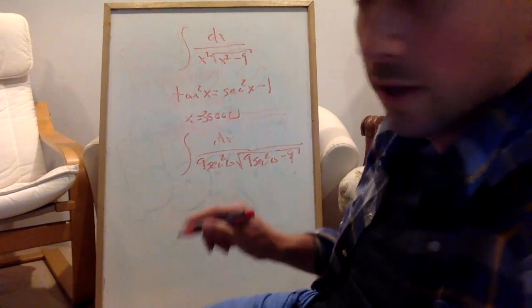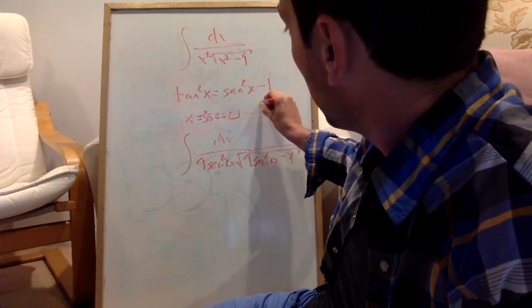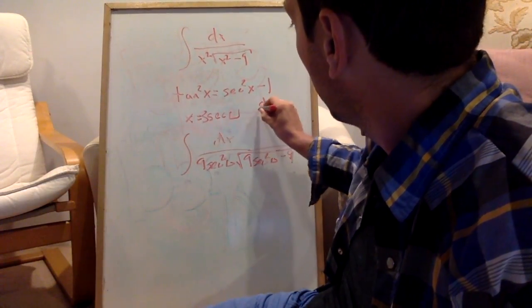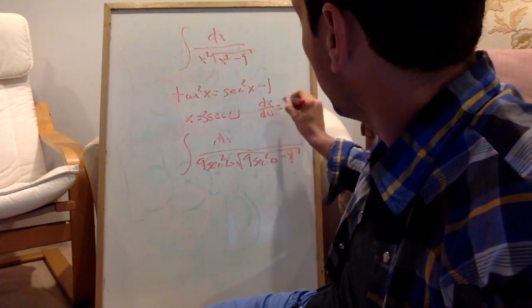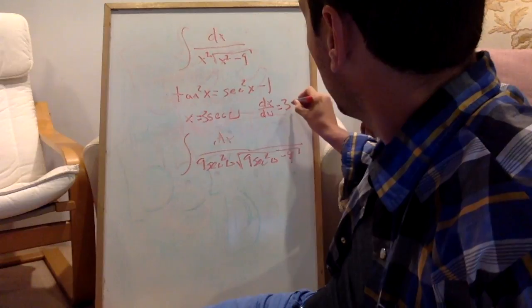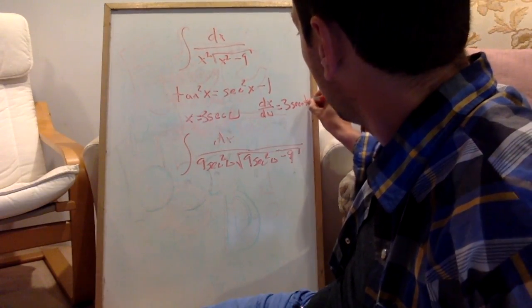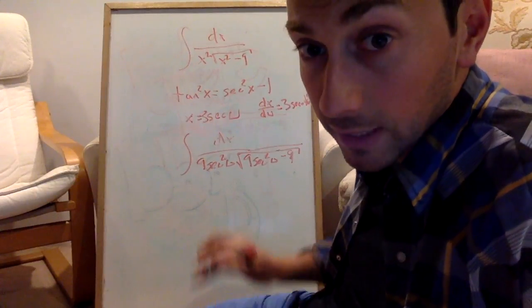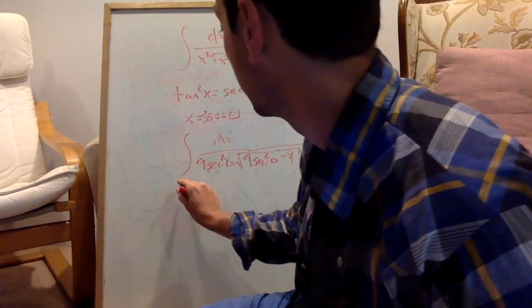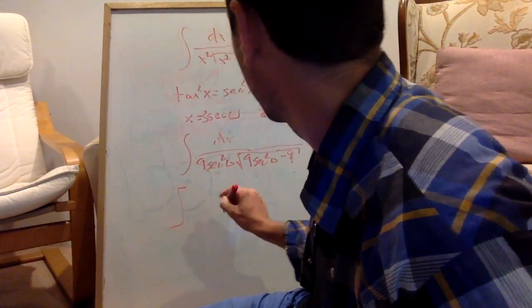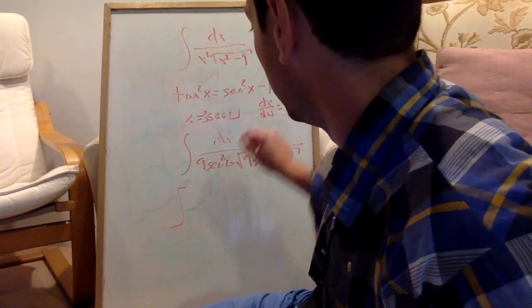And so we go back here, and if we remember from our trig table, this one should be 3 secant u times tan u. So my integral now becomes, so dx will be 3 secant u tan u times du.